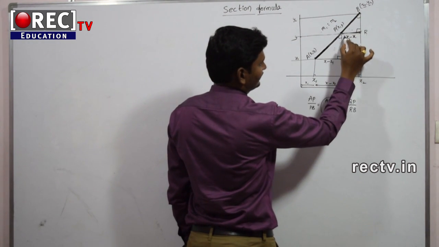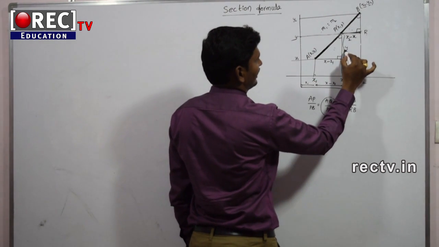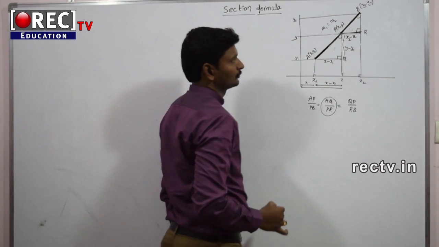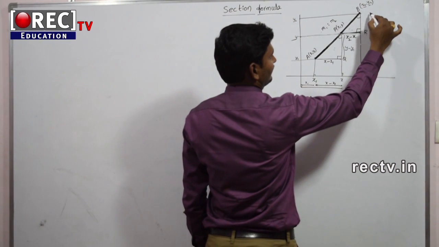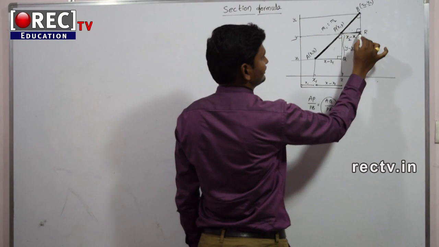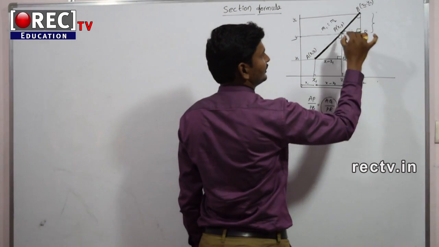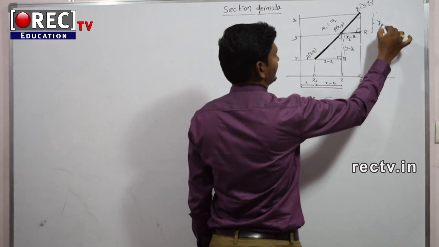So this length is equal to the total value minus this small value, that is y minus y1. And here the total length from here to here is equal to y2, and from here to here it is equal to y. Now this small value, that is BR, is equal to y2 minus y.